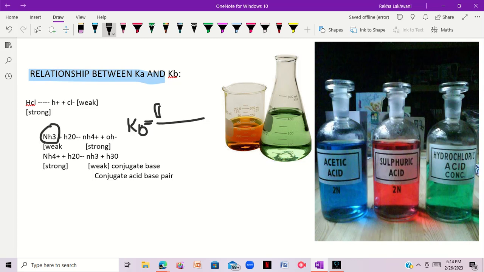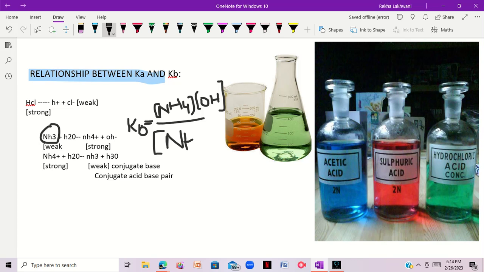the concentration of NH4+ and the concentration of OH-, and over here we will write the concentration of ammonia, because water is constant, right?